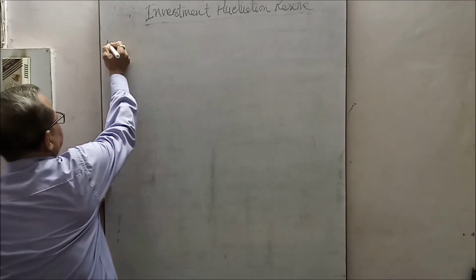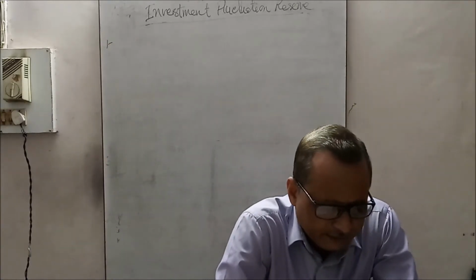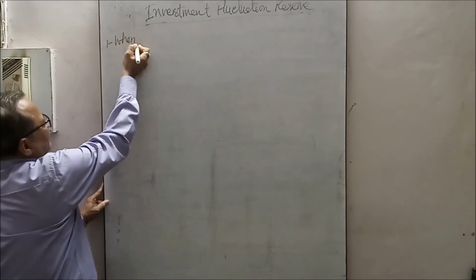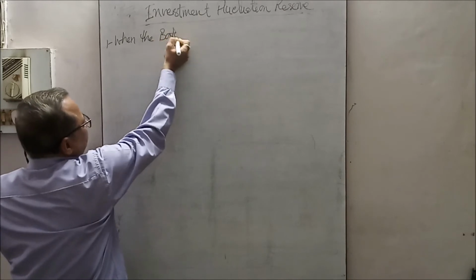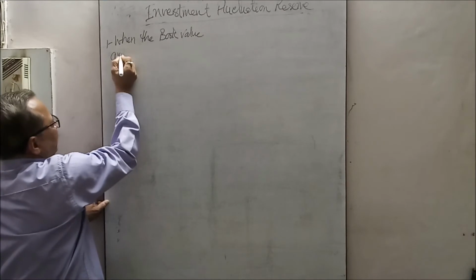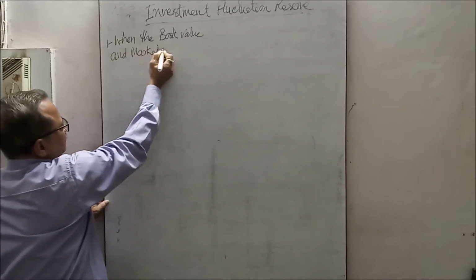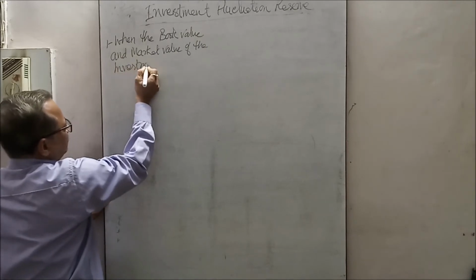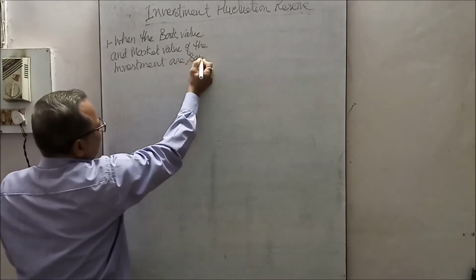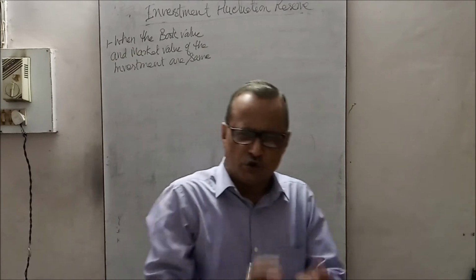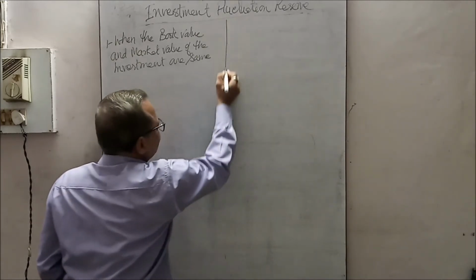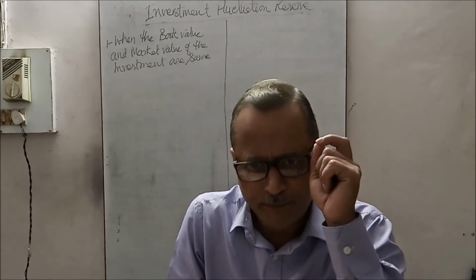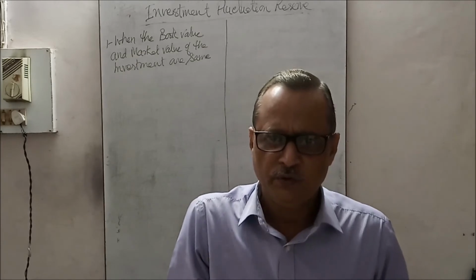The number one case, when the book value and market value of the investment are the same or equal, there is no change, there is no difference, then in that case the investment fluctuation reserve appearing on the balance sheet liability side should be distributed to the old partners in their old ratio, the whole of the fluctuation reserve.